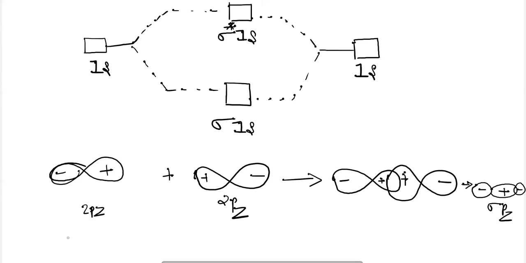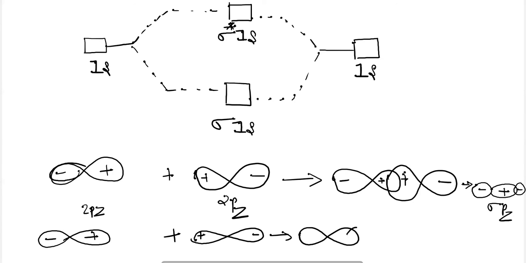But if they are forming the anti-bonding orbital, then plus and minus will be combining with each other, and the resultant will be a minus lobe, a node, and a minus lobe with a positive lobe.